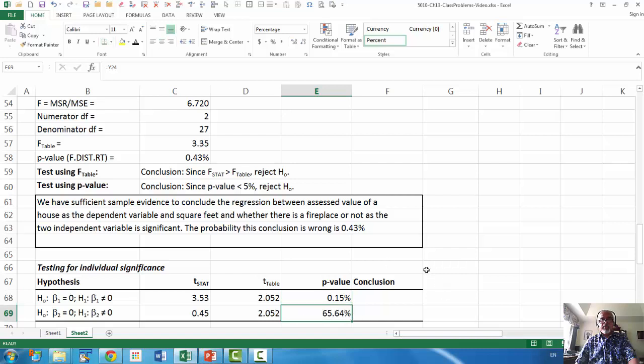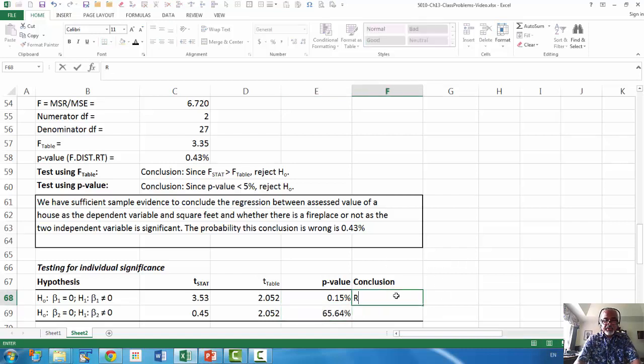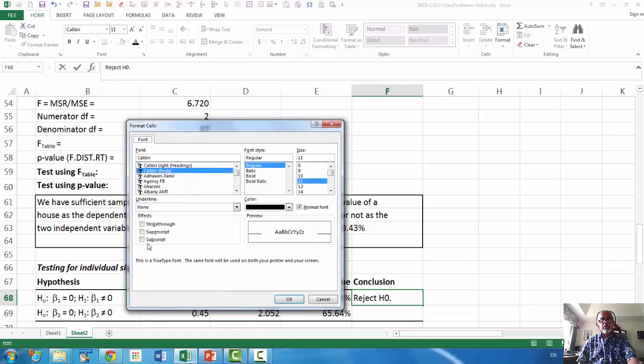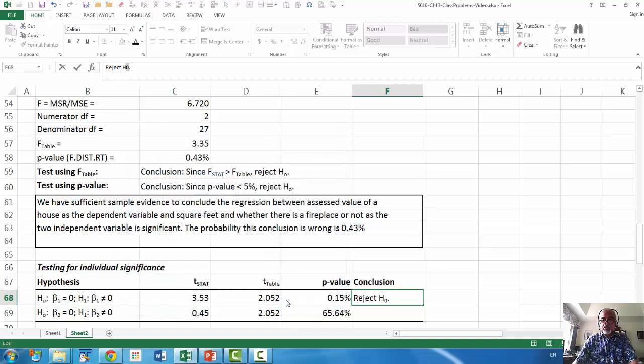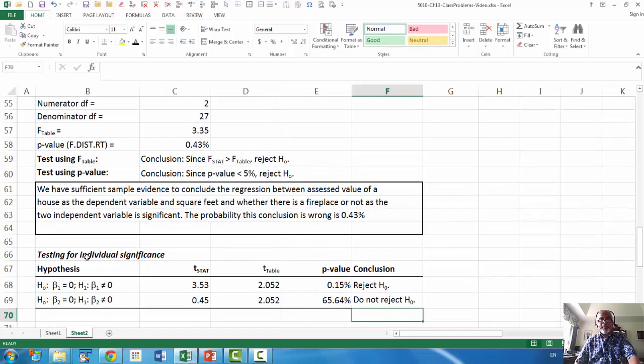So the conclusion is reject H sub 0 for the first one, but the second one is do not reject.